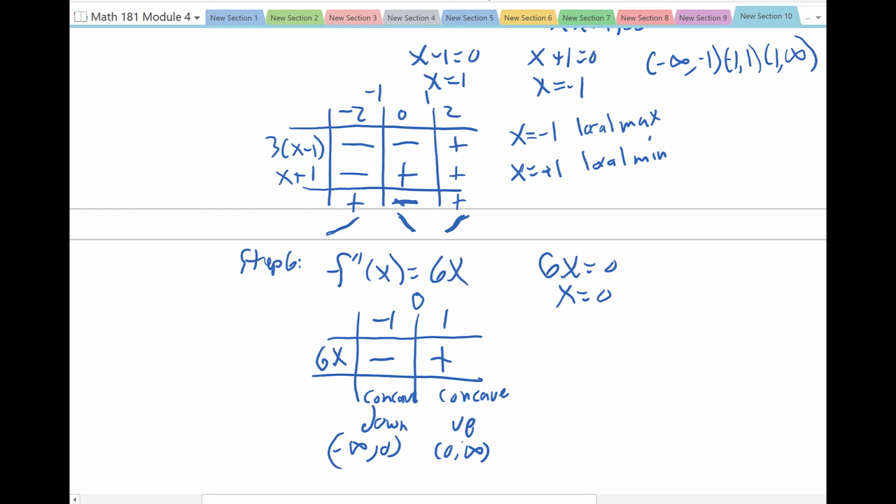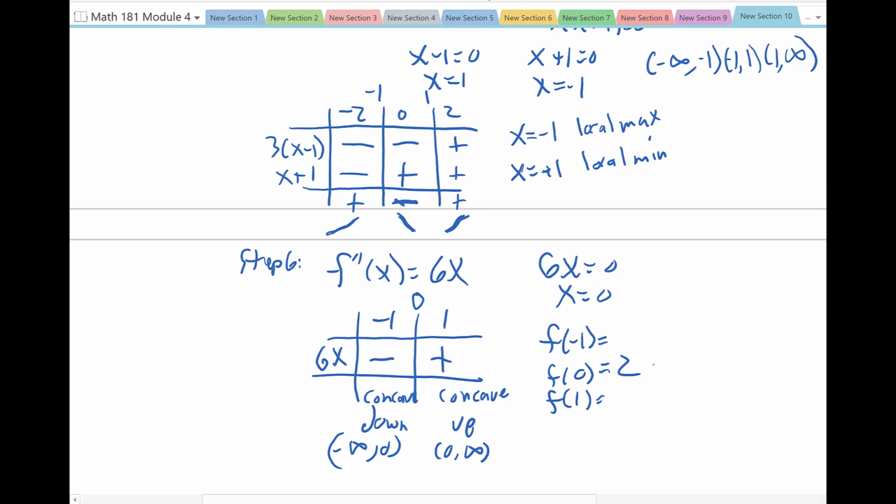And if we go back into the original function, we have some values to come up with. We need to find f of -1, because that's going to be a local maximum, f of 0, and f of 1. And let's see, our f of 0 is 2. That's not hard to come up with.